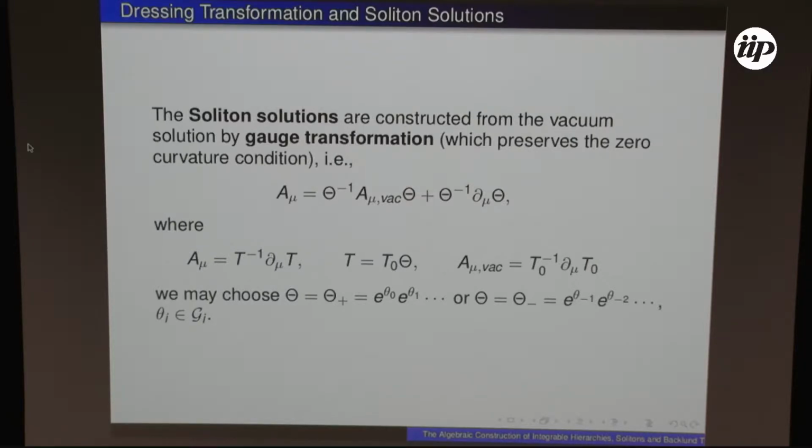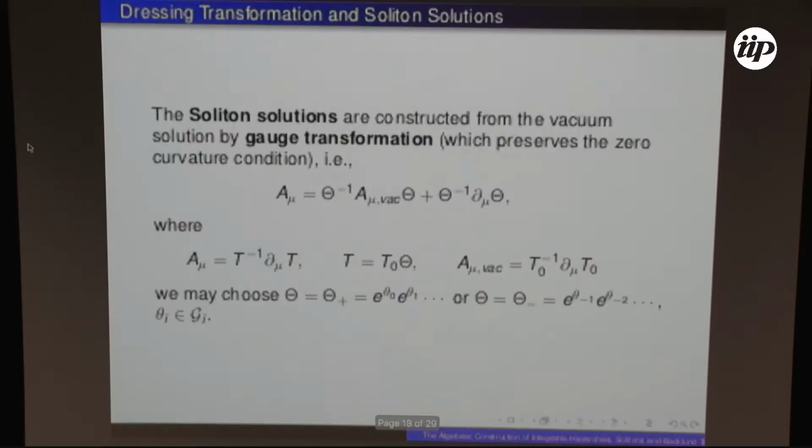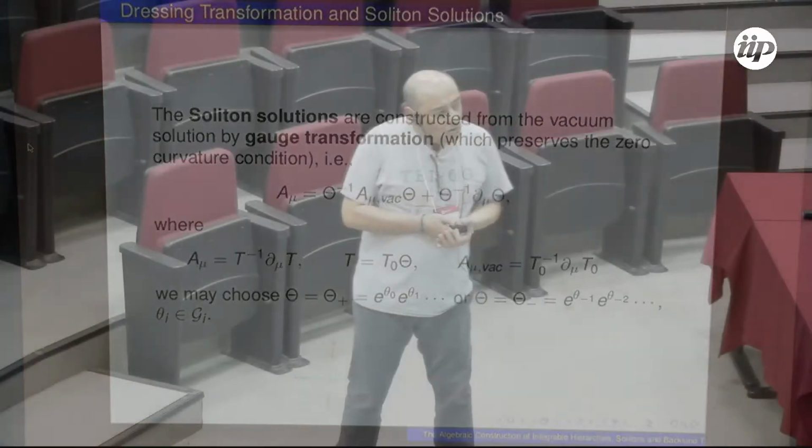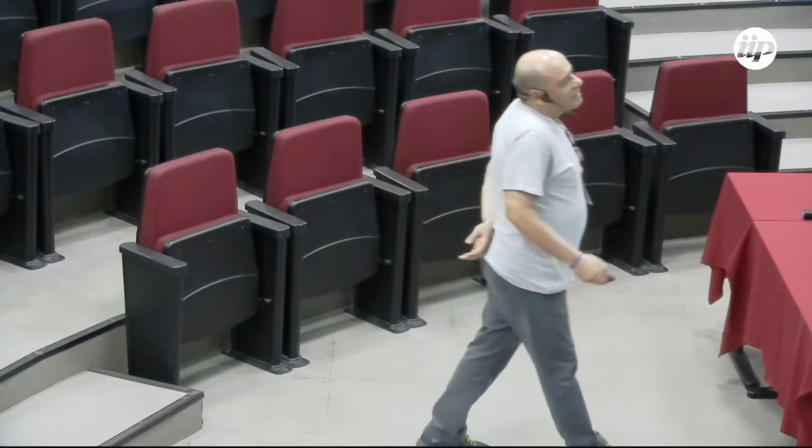So the idea is very simple. We know the vacuum solution. We have already discussed the vacuum solution, either 0 or a non-zero constant. So you know the vacuum, and the idea was whether there exists a gauge transformation that maps the vacuum into some non-trivial solution.